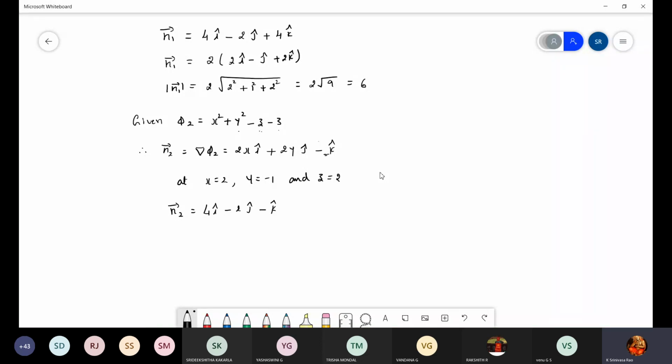This is n2. So next, the magnitude. I can't take any number common here, so the magnitude is 4 square plus 2 square plus 1 square. Is there any doubt? Even though it is minus, I am not writing minus. Is it clear? When calculating magnitude inside the square root, you should not write minus, because minus 2 whole square means plus 2 square only.